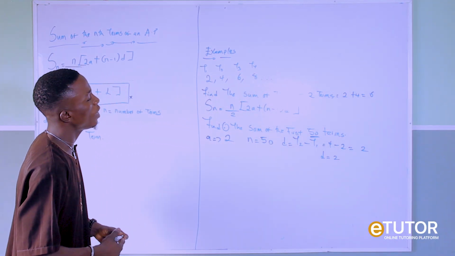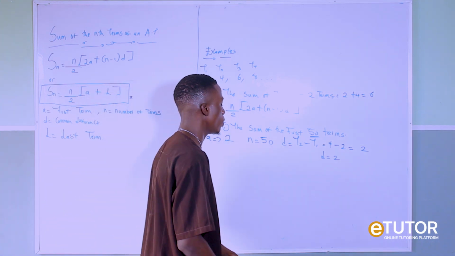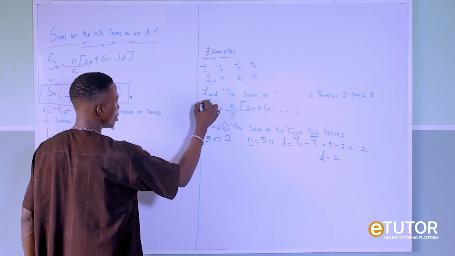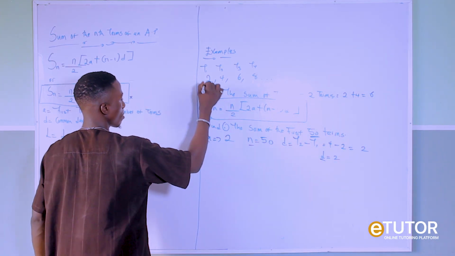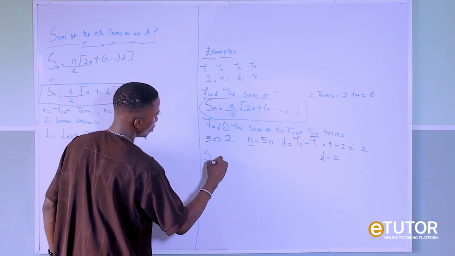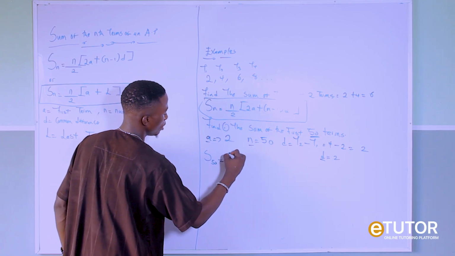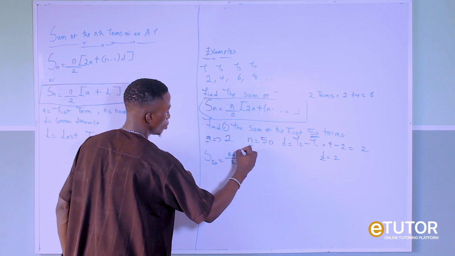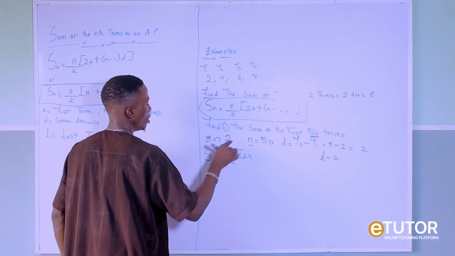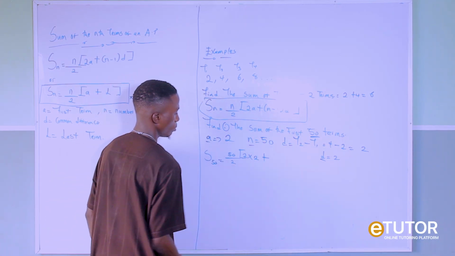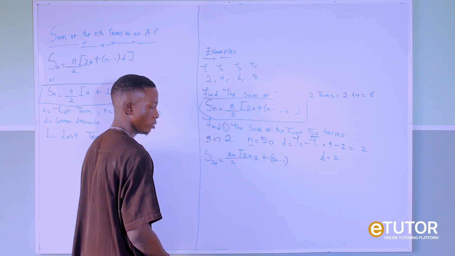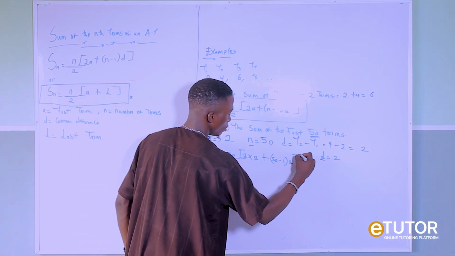So D is equal to 2. So we're told to find the sum of the first 50 terms. And now we have all our parameters. We have a, we have n, and we have d. So put everything inside of this formula. So we have S50 is equal to 50 over 2 into 2 times a, so a is what? 2, plus (n minus 1), that is 50 minus 1, d times what? 2.